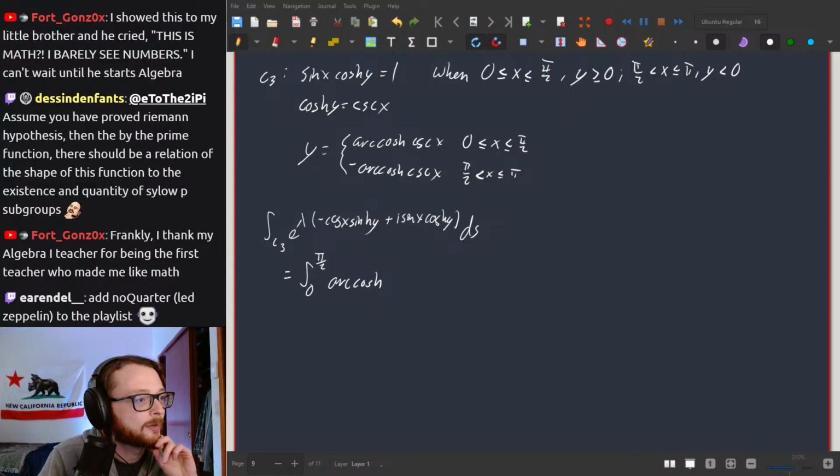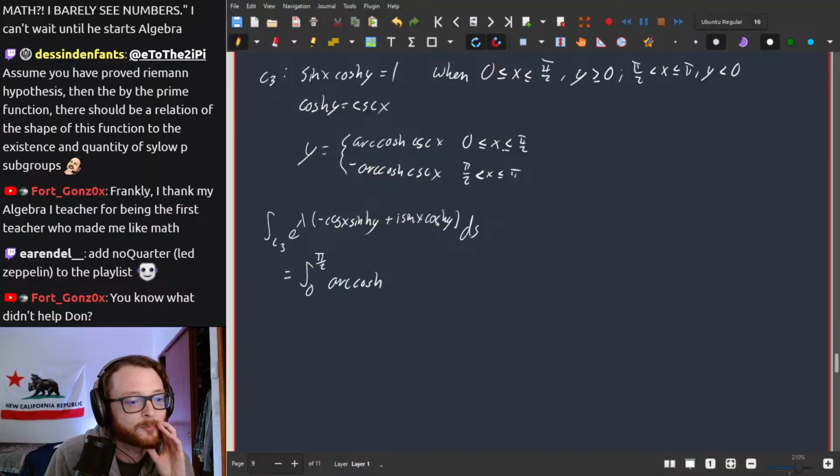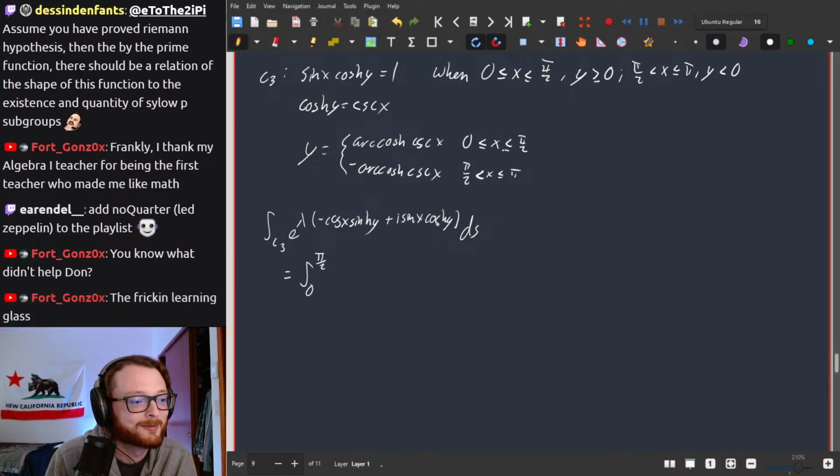It'll play in 1 minute and 10 seconds. Assuming you approve the Riemann hypothesis, then by the prime function, there should be a relationship with the shape of this function. Okay. What did not help? The learning glass? Oh yeah, I don't like those things.